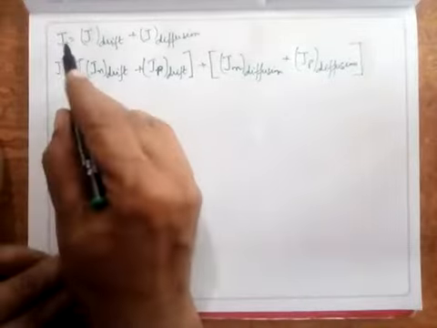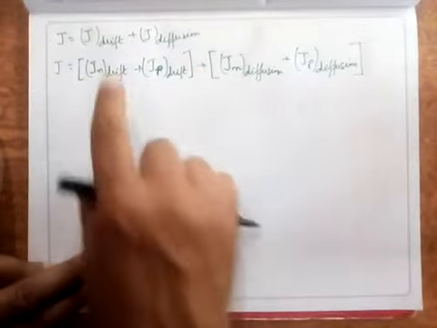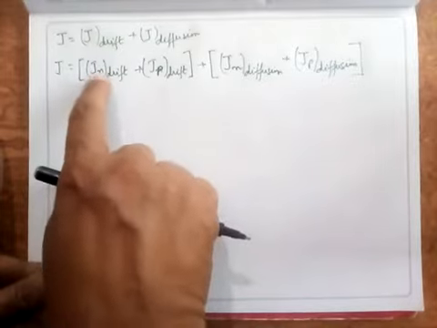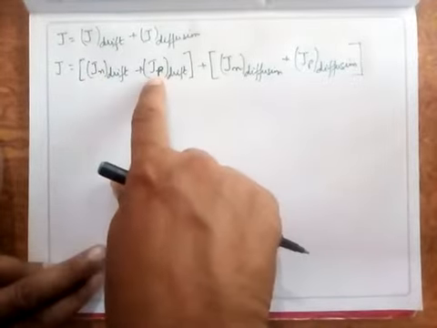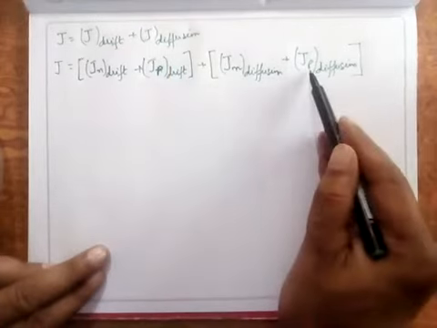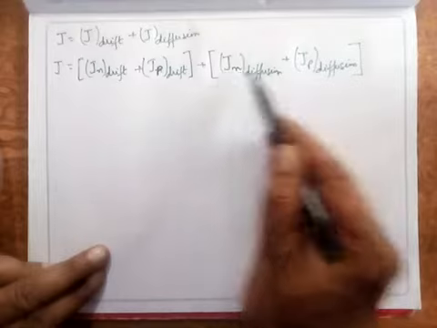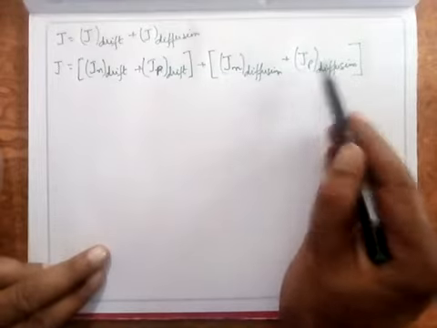That is, total current is drift current plus diffusion current. Drift current will have two parts: drift current due to electrons and drift current due to holes. Similarly, diffusion current will have diffusion current due to electrons and diffusion current due to holes. Due to electrons, I am representing by suffix n, and holes I am representing by suffix p.